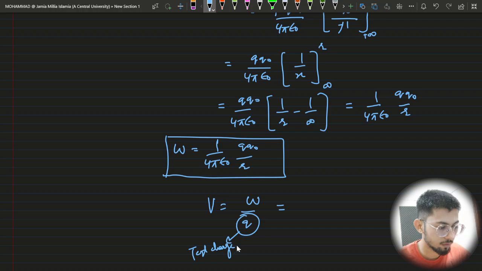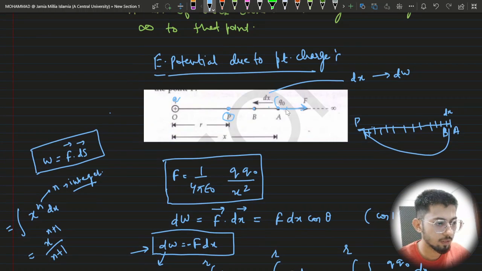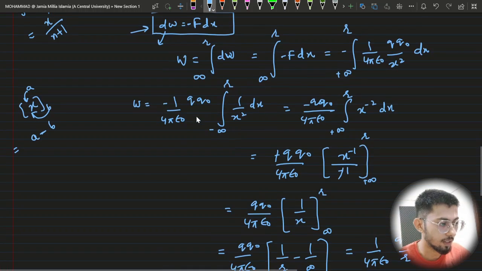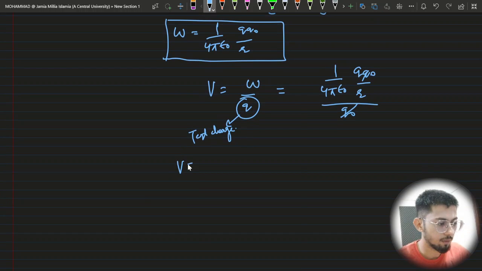W is 1 by 4 pi epsilon naught q naught by r. What is our test charge? Q naught. Test charge is q naught, not Q. Q is the fixed charge. So q naught will get cancelled. And V is 1 by 4 pi epsilon naught Q by r.